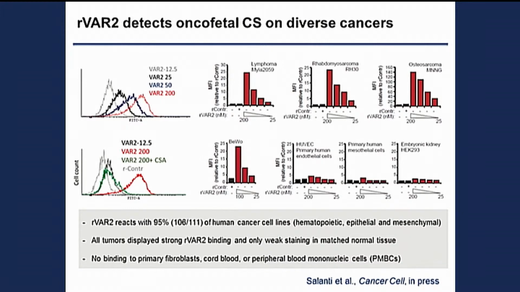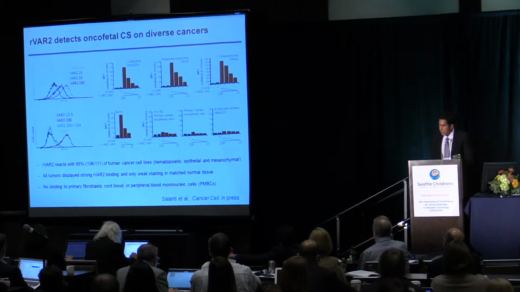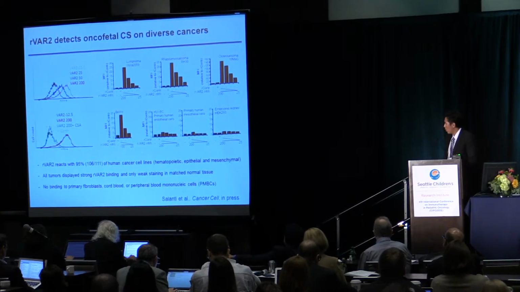And here, the BeWo cell line, which is a choriocarcinoma cell line widely used as a model for villous trophoblast function, we can see the binding can be inhibited by purified CSA. So VAR2 can bind the human cancer cell lines, but it does not bind, or only weakly binds, to the normal counterparts.